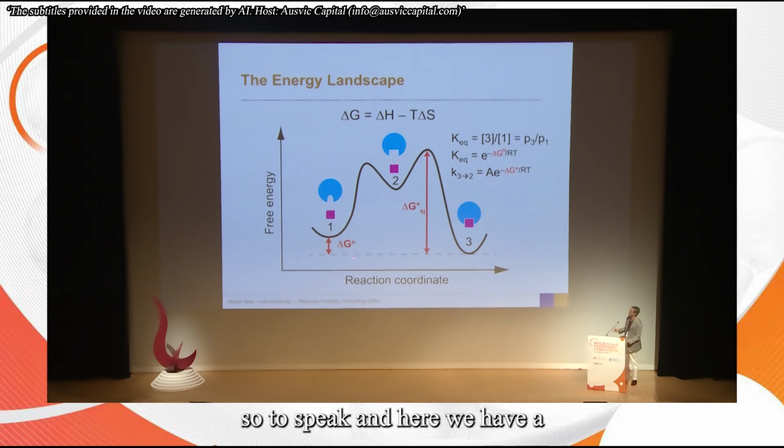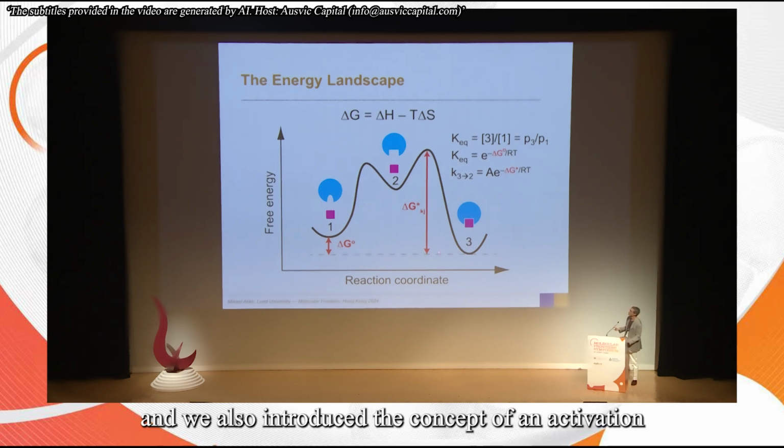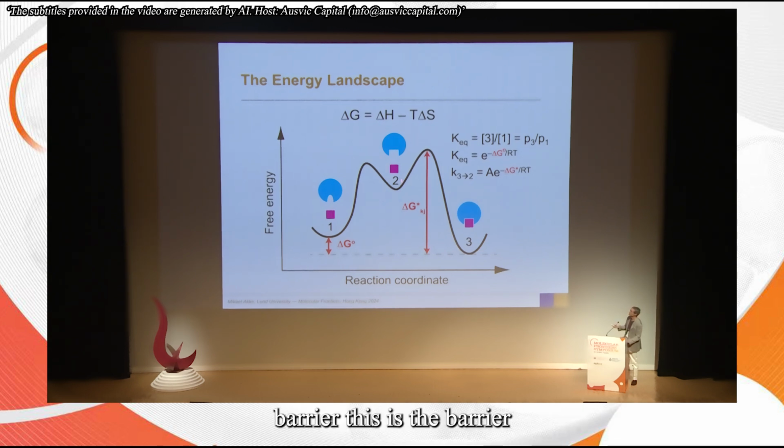And here we have a difference in free energy between the ground states, 1 and 3 in this case. This corresponds to the affinity that you may recognize, the equilibrium constant, given by the exponential of the delta G naught divided by RT. And we also introduced the concept of an activation barrier.